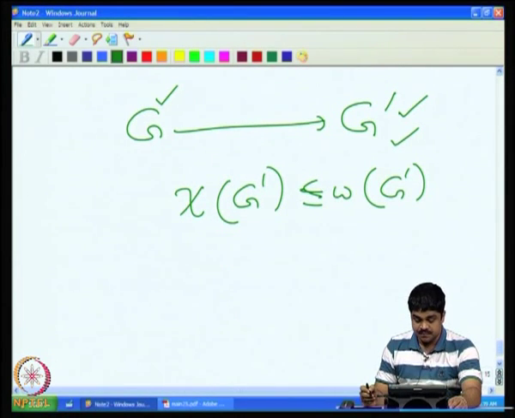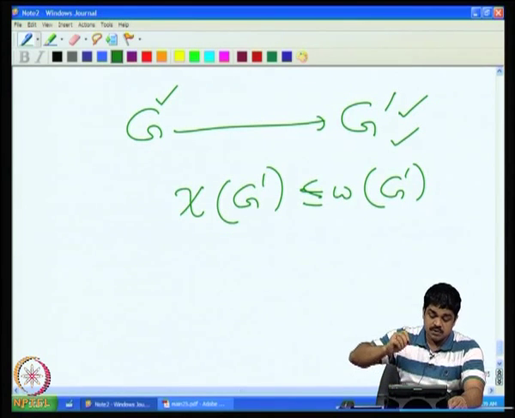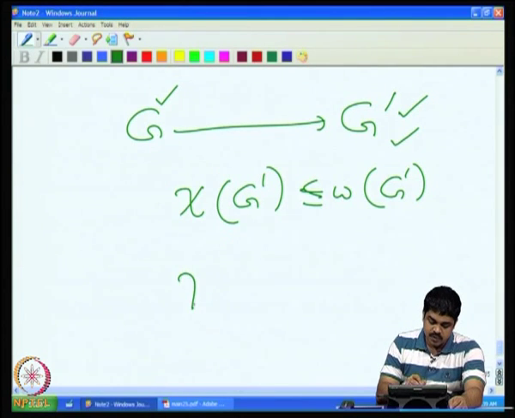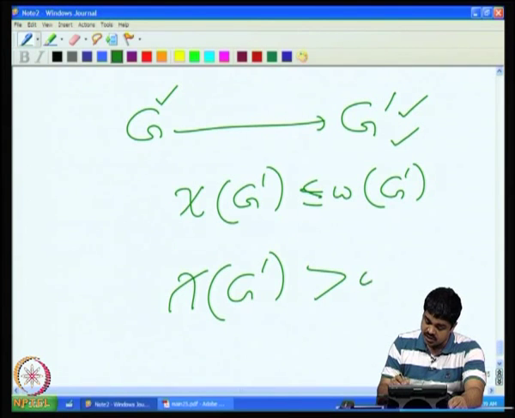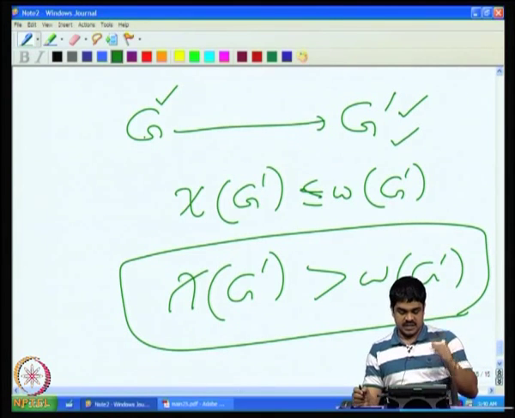Now, we will show that by counting in a different way, we can show that this is wrong, a contradiction. In other words, by counting in a different way, we will show that chi of G dash has to be strictly greater than omega of G dash, which will be a contradiction, because how can G dash be perfect in that case?